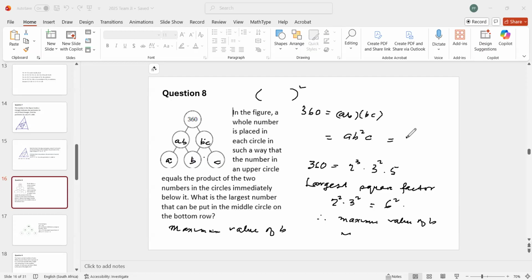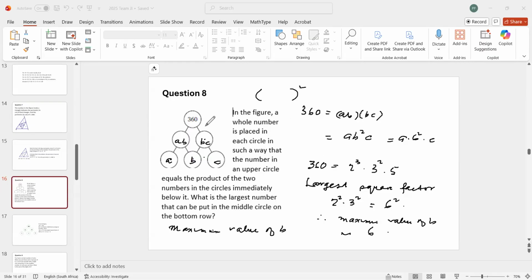So here you get A times 6 squared times C. Right, there's 36. So these two multiply to give you a 10. Right, and you can't extract any square factor from 10. So the maximum value of B is 6.